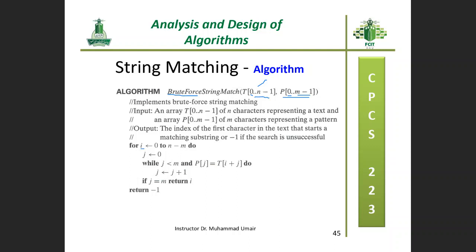Why are we iterating this loop till n minus m? Why not till n or n minus 1?